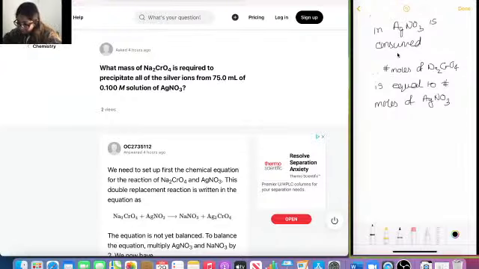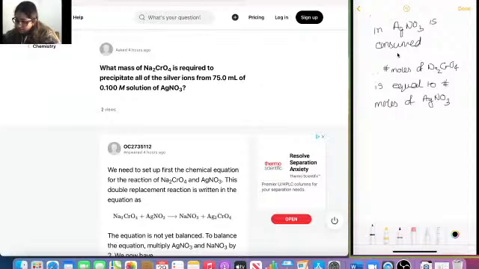Okay. And so we're given the volume here as 75 milliliters, but we have to convert this into liters, since our concentration is always moles per liter basically.